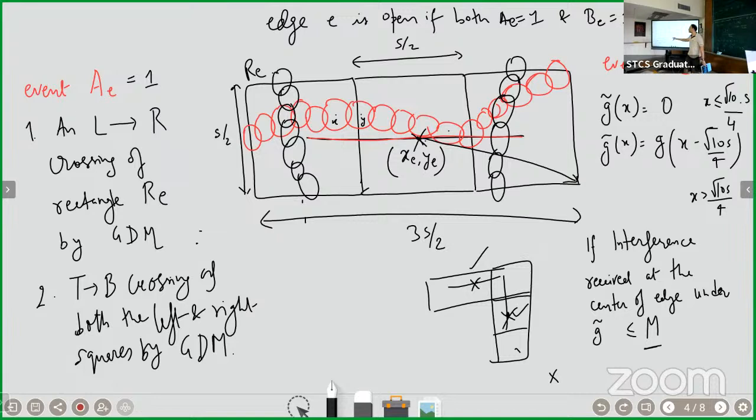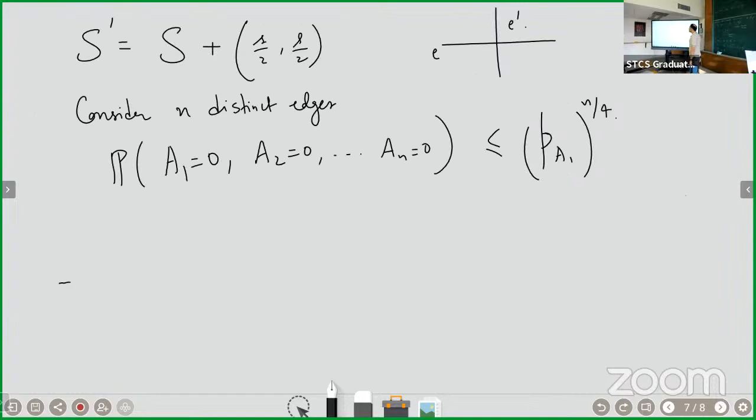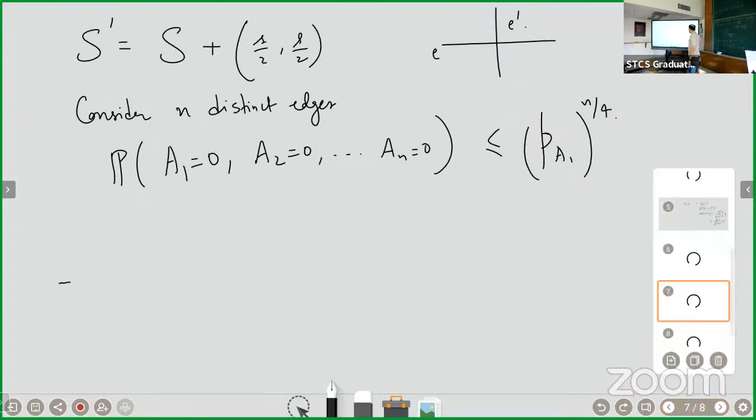In the previous slide, we just did this for event AE. If you look at n distinct edges, at least n by 4 have nothing to do with each other in terms of these crossings. Yes. Because the number of points lying in distinct areas are independent. This particular event has infinite correlation. However far you go, there is no sense of independence. And that is why getting that to the power n is the most difficult task.